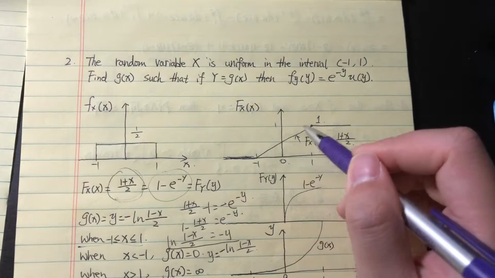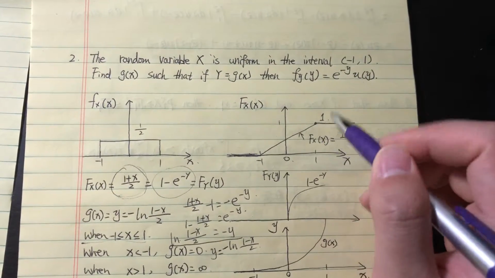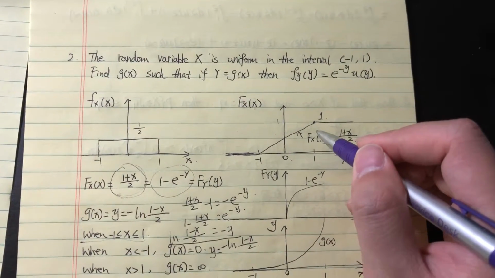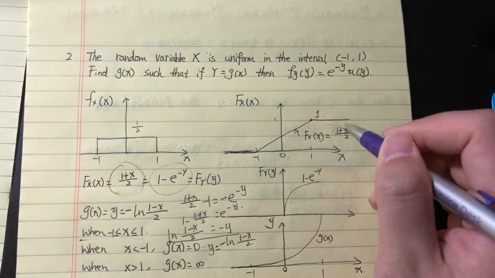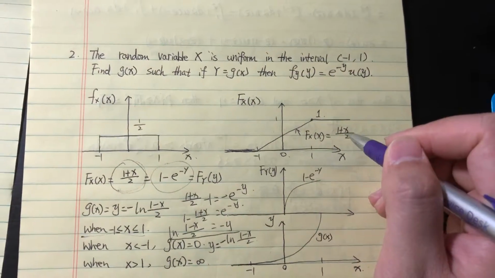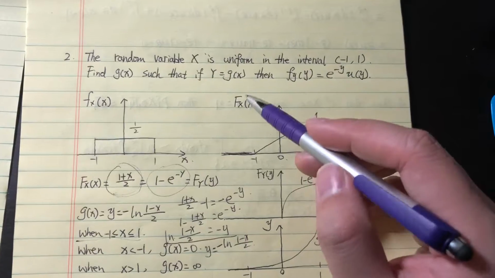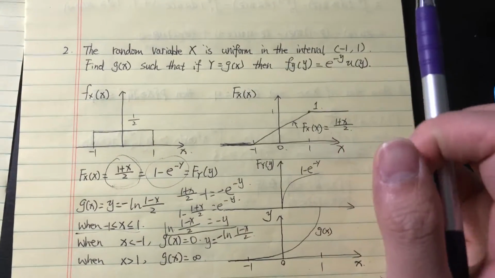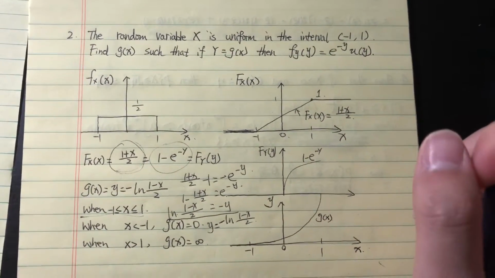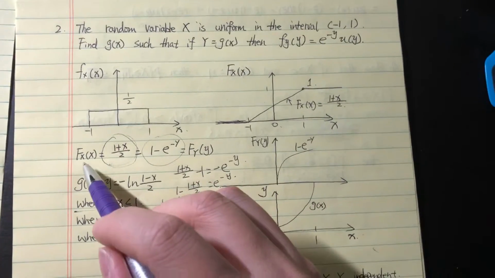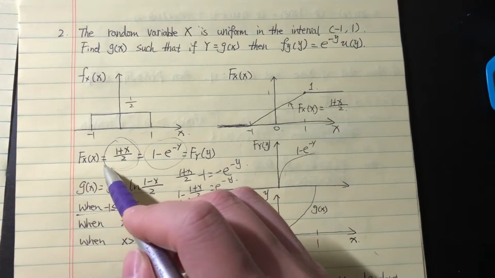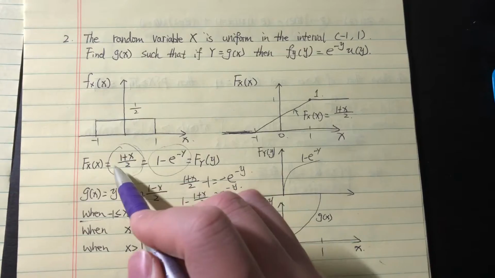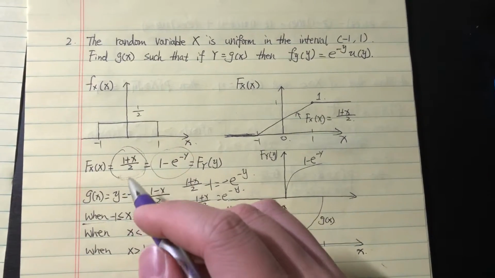And the slope of the capital F of x is equal to 1 plus x divided by 2, which is equal to the distribution function of X. So the distribution function of X is equal to (1 plus x) divided by 2.